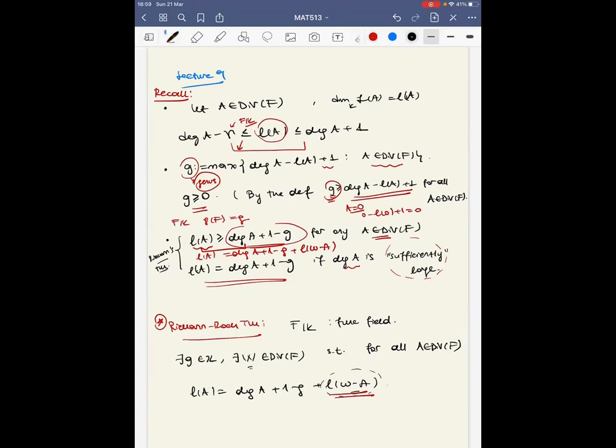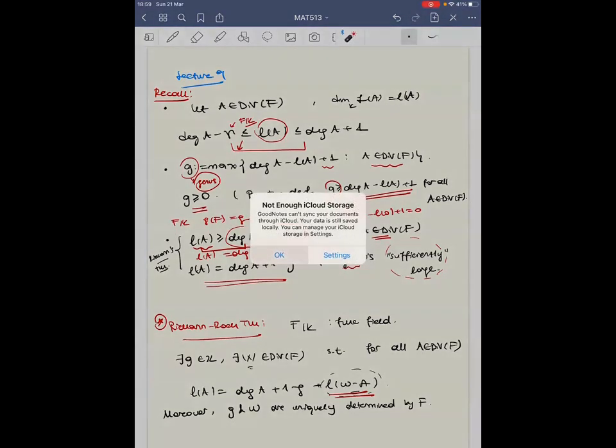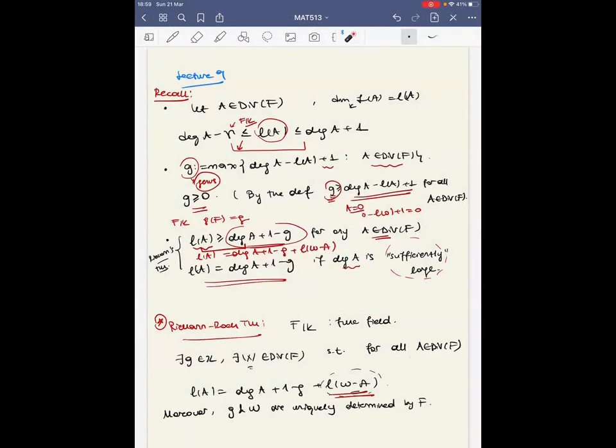And moreover, G and W are uniquely determined by the function field, so they only depend on the function field, and indeed this equality works for all divisors.